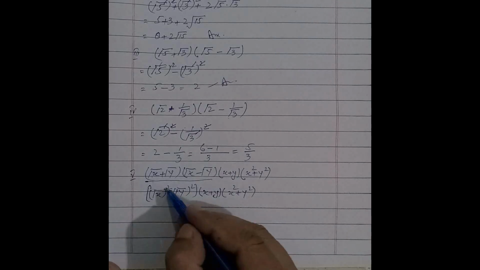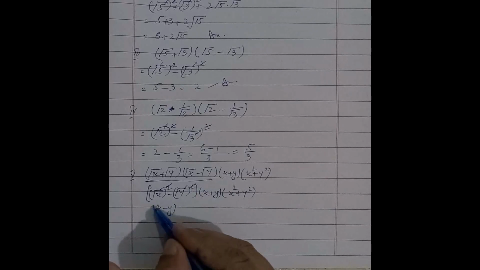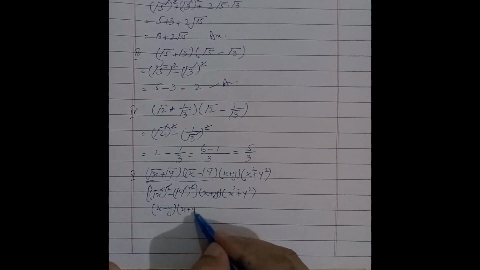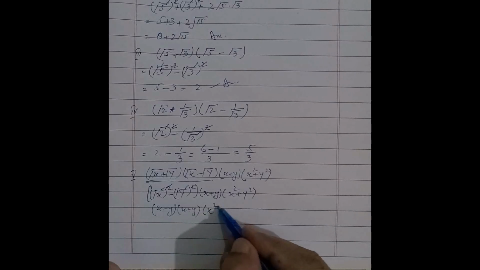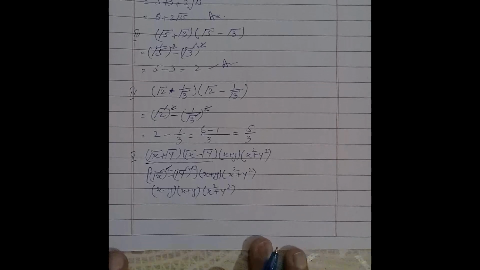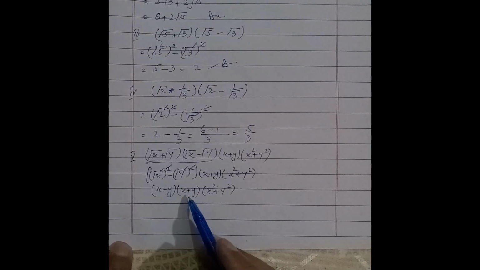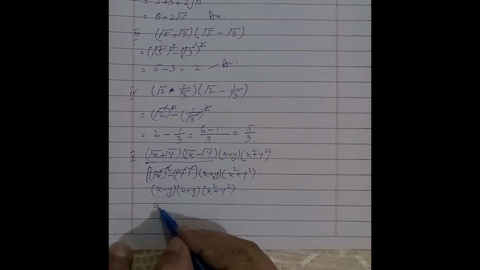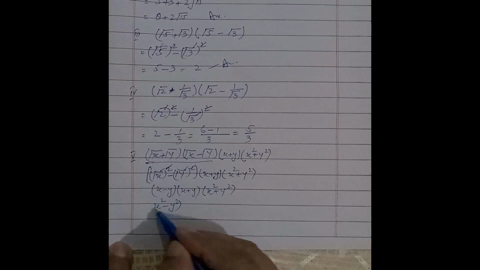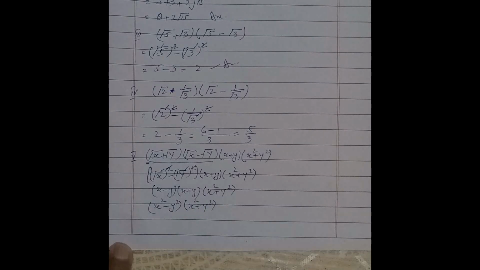Simplify it. Square and square root cancel each other. We have (x minus y) into (x plus y) into (x square plus y square), and it is (a minus b) into (a plus b). The same formula applies. (x square minus y square) into (x square plus y square).